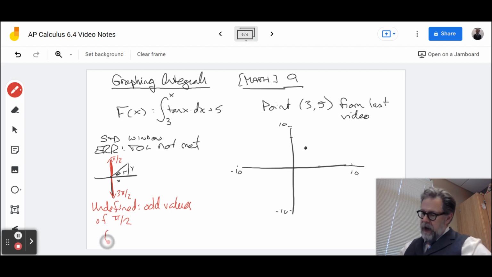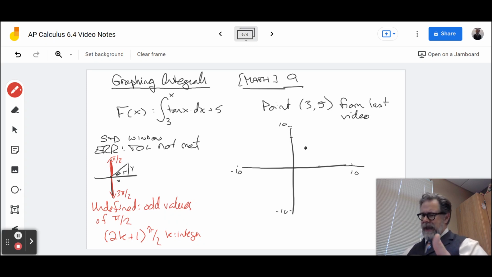One way that we can write that is 2k plus 1, which will always be an odd number, times pi over 2. So for x equals (2k plus 1) pi over 2, where k is any integer, 2k plus 1 will always be odd. That will give us a vertical asymptote.